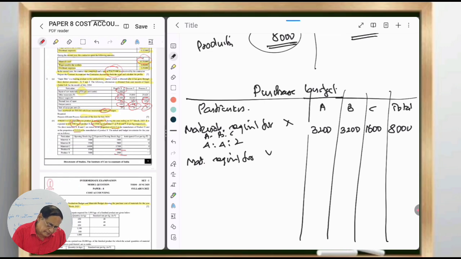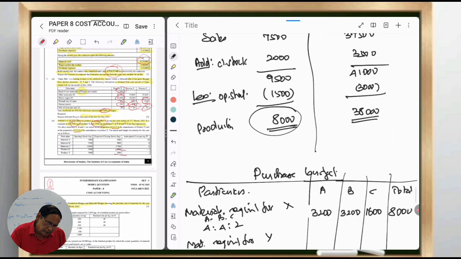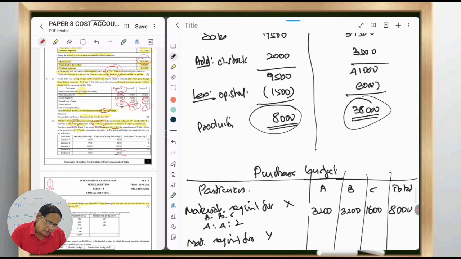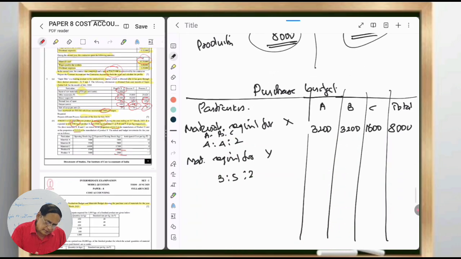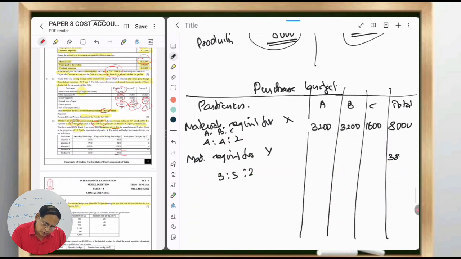And then materials required for product Y, A, B, C in the ratio 3:5:2. How much production are we going for Y? That is 38,000 units, for which A, B, C are required in the ratio 3:5:2. So 38,000 divided by 10 into 3 is 11,400.